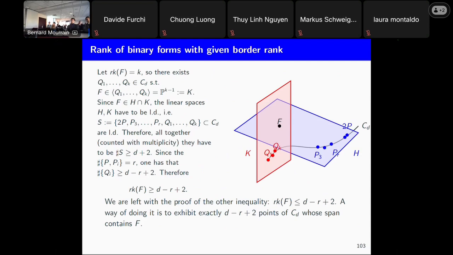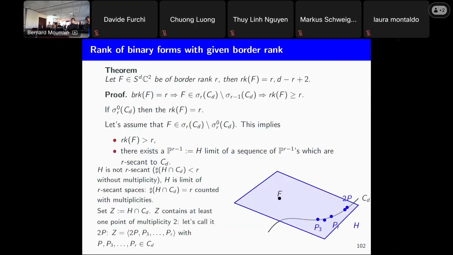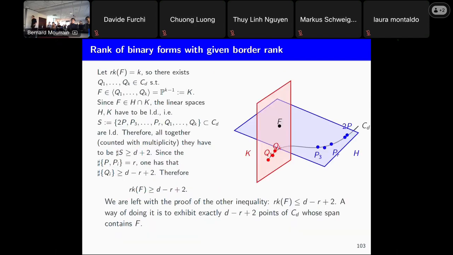If here I have R points, d plus 1 have to be independent, so they have to be at least d minus R plus 2. But this is exactly the number I want to reach. In my statement, I add that the rank is either R or d minus R plus 2. So I already found a way of building this number of points.